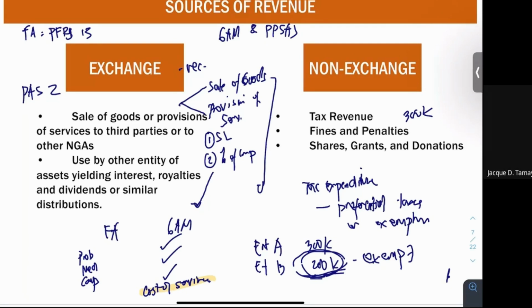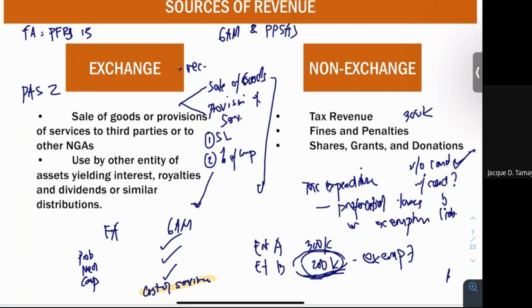If it is without condition, then you should already recognize it as a revenue. But if ever it is with condition, how do we account for it? When it is with condition, instead of a revenue, you account for it as a liability. As a liability. Generally, it is a deferred income.